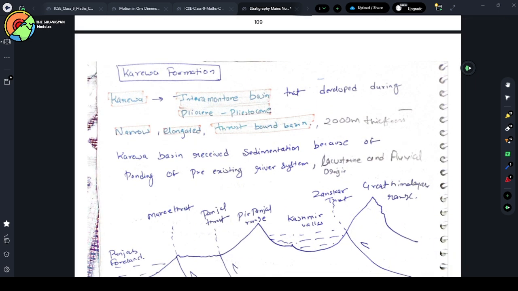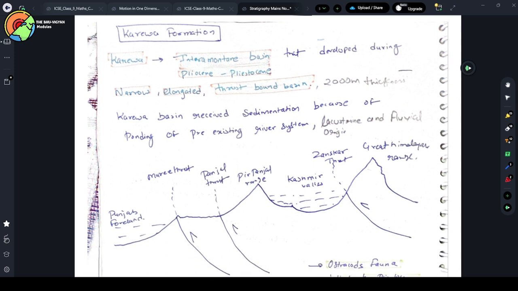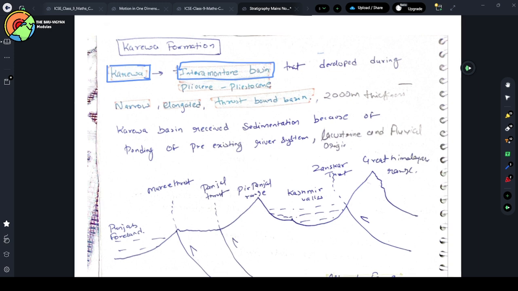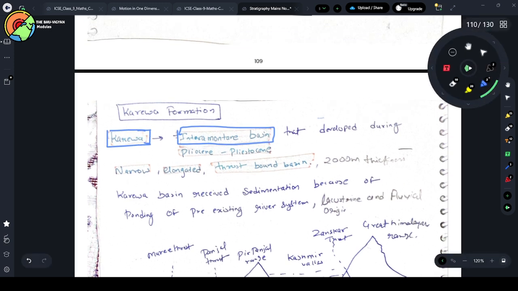Okay, now we will move to Karewa formation, which is a part of the Lesser Himalayas. If we talk about the Karewa formation, this is an intramontane basin. Okay, this is an intramontane basin, meaning a basin which is formed in between the mountains, or in a valley.